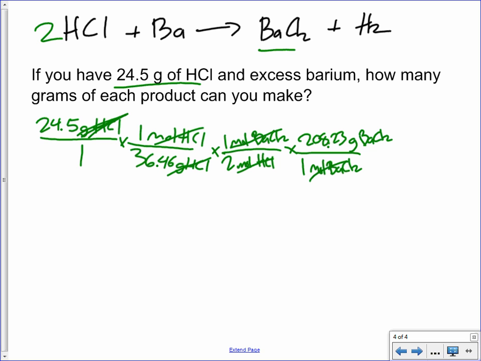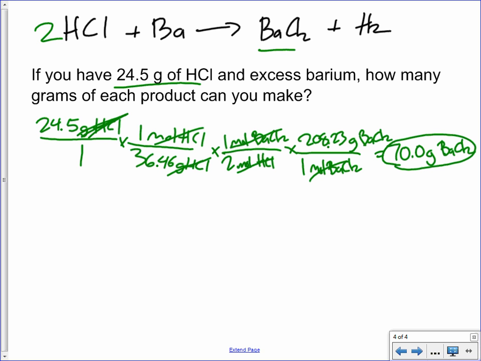All right, just to make sure we set it up right, we look at what unit we're left with, which is grams of barium chloride, so we know we did it right. Now we can just do our calculation. So if you put that in the calculator, do the math, you get 70.0 grams of barium chloride. So that's how much of our first product we can make.